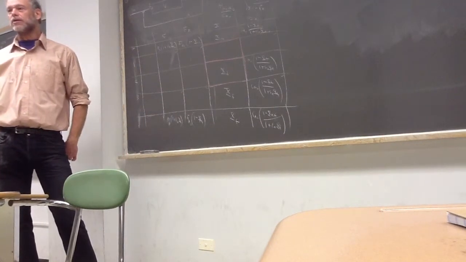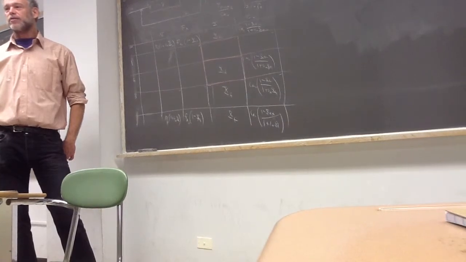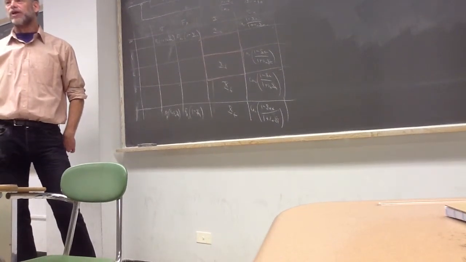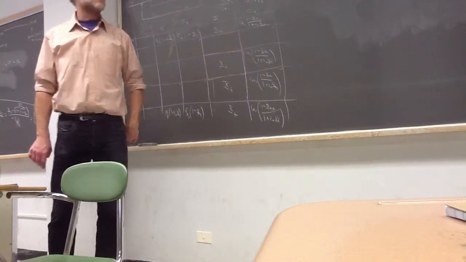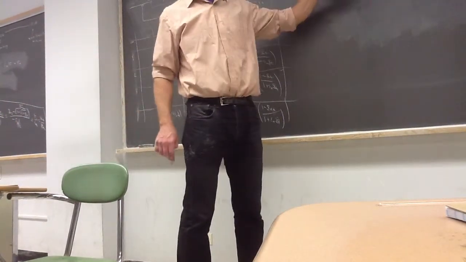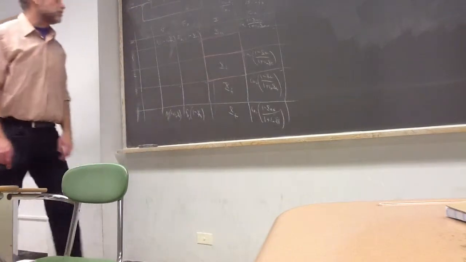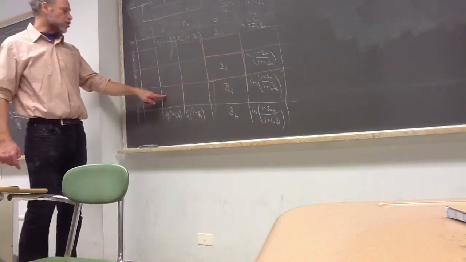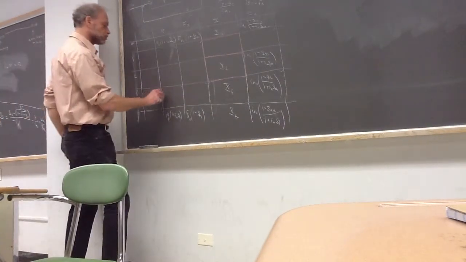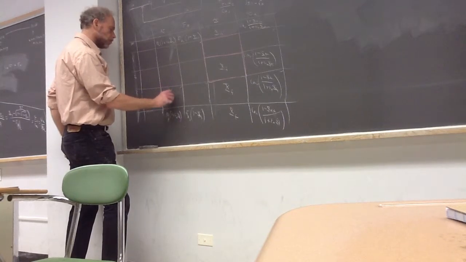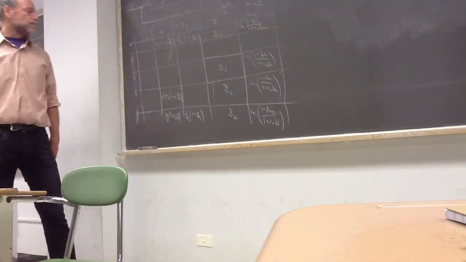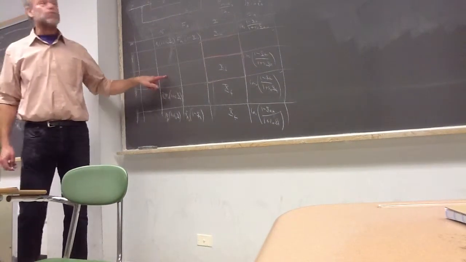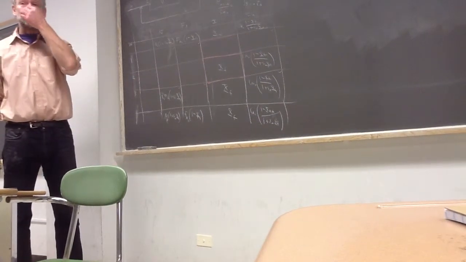How does V3 relate to VF? V3 is R times VF. So this is just R V0 (1 plus epsilon XF). How about V2 while we're at it? What's V2?